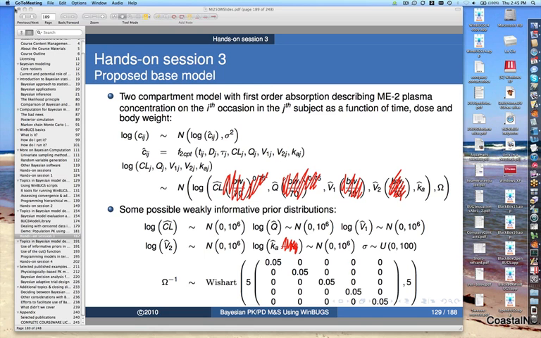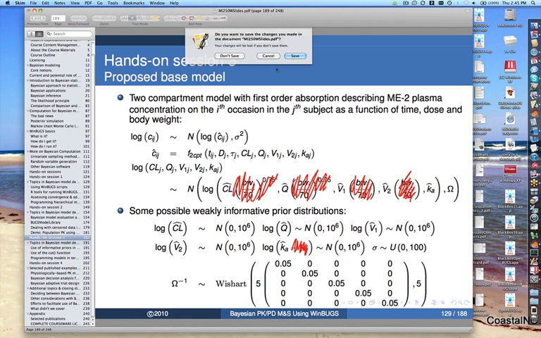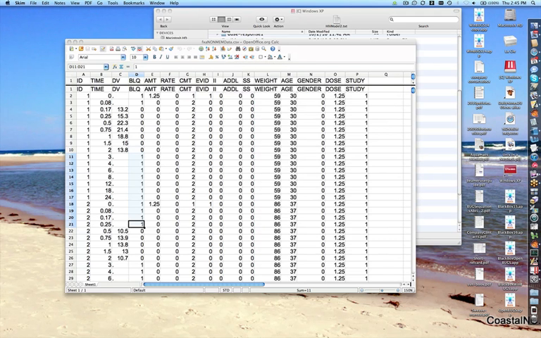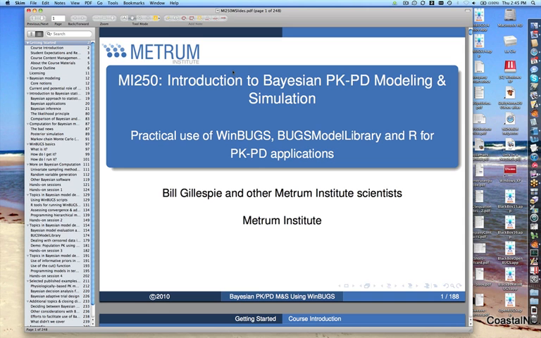So maybe what I should do, let me close this and reopen it here without the things crossed out. Okay, let's see, hands on 3.